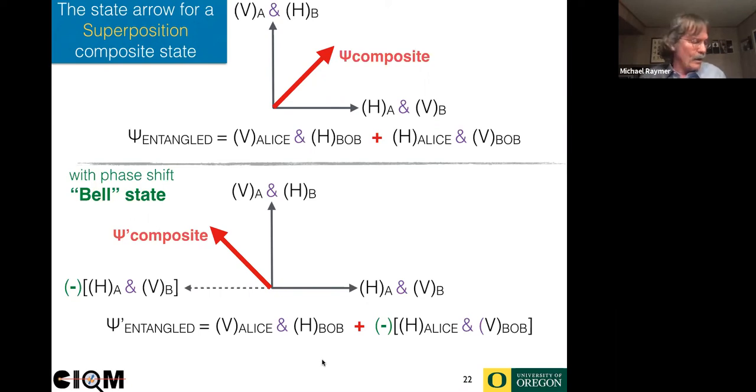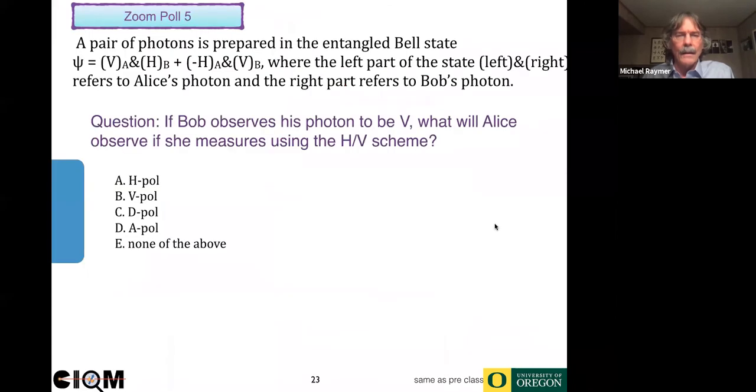By cycling through those different angles, he was able to get statistics, which proves that the simple inherent properties model doesn't work. So I know this is a lot to absorb, and I don't expect everybody to understand the mathematics immediately, but I think you get the gist of it.